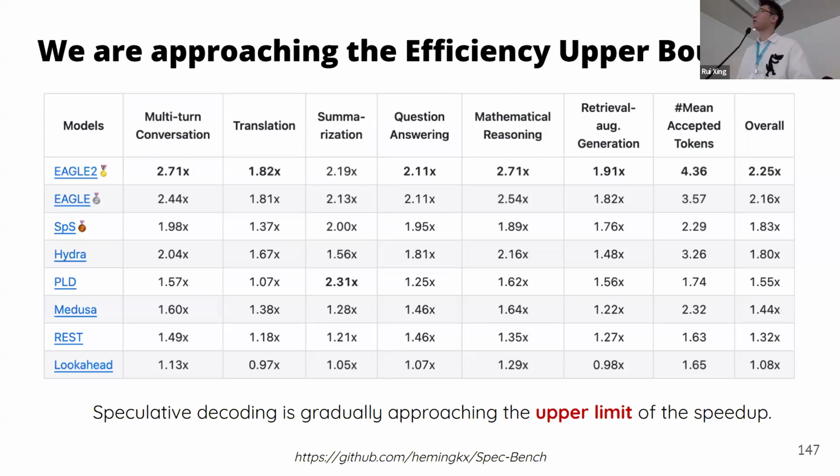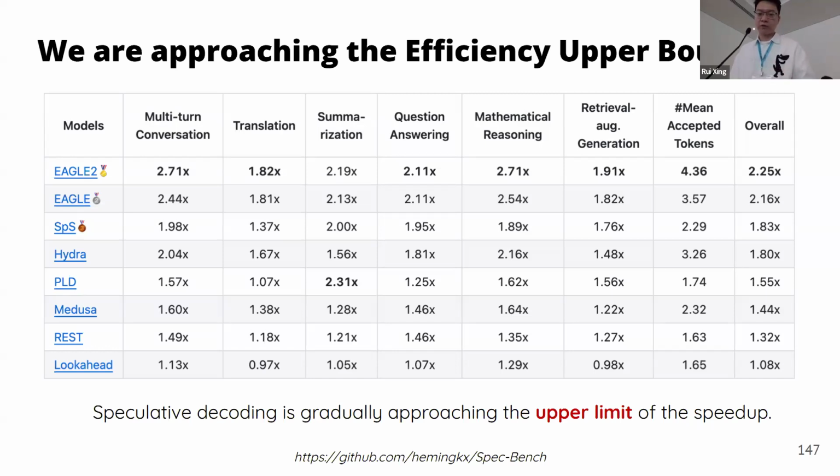If you get more tokens to be accepted, you can utilize more parallelism in a single decoding step. However, we can see that the mean accepted tokens are reaching their upper bound, and the increasing speed of this metric is getting smaller and smaller. So speculative decoding is maybe gradually approaching the upper bound of the speed up, right?